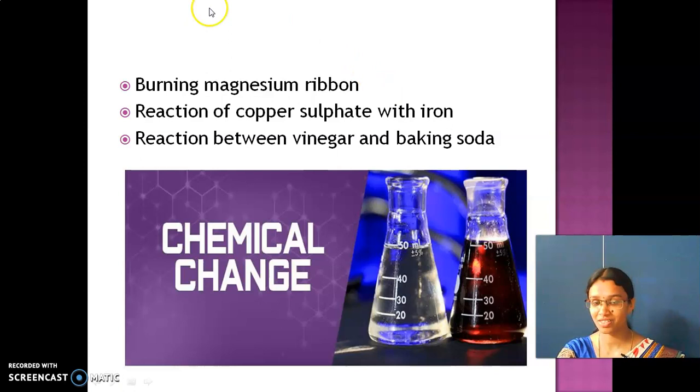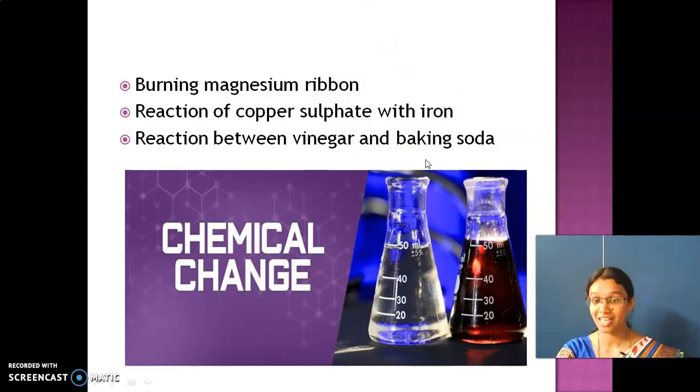So in the third equation, in the reaction between vinegar and baking soda, carbon dioxide is produced. When this carbon dioxide is passed through lime water, it turns the lime water milky. So here in all these 3 equations, a new substance is produced and these reactions are irreversible reactions.